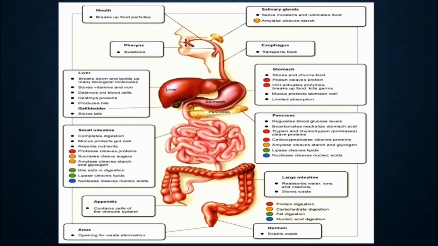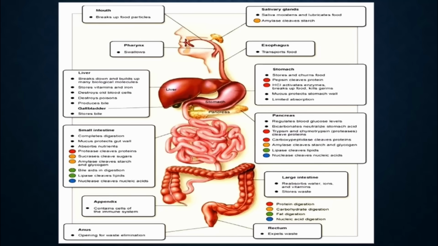There is limited absorption of food in the stomach. The stomach also has some associated glands, namely the liver, the largest gland of the human body, which you can see in the flow chart. It breaks down and builds up many biological molecules. It also stores vitamins and iron, destroys old blood cells and destroys poisons.